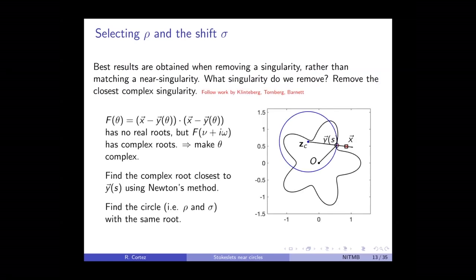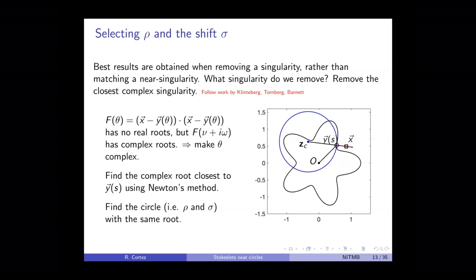Well, we remove the closest complex singularity. So the idea is that the distance formula is this dot product that we have here, capital F of theta, and that has no real roots. But if we allow the parameter that goes around the boundary to become complex, so that's a little weird, right? Because what does that mean? But just do it.